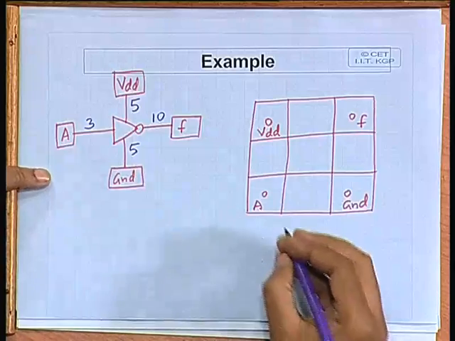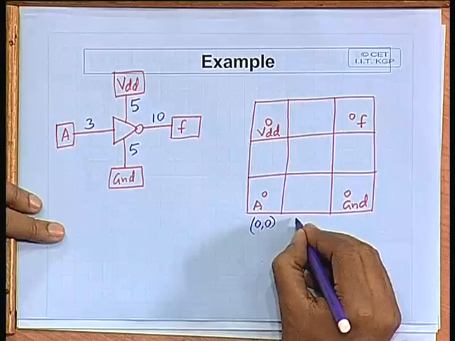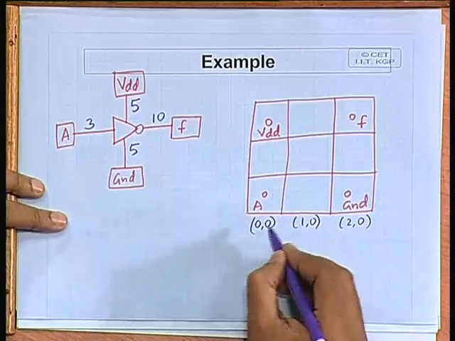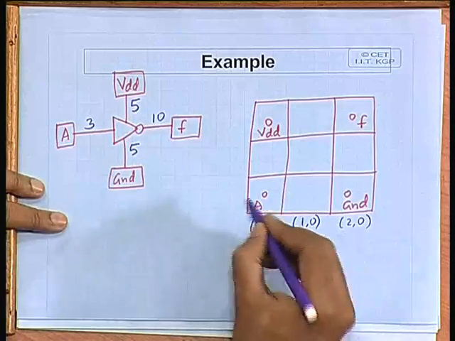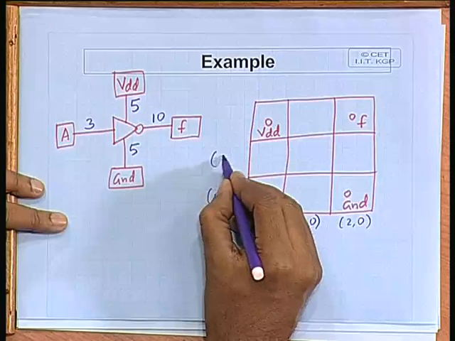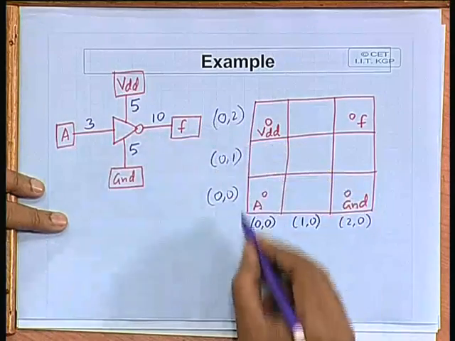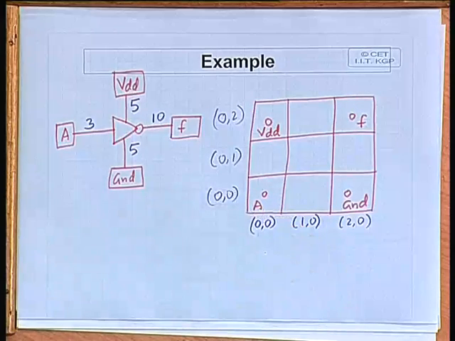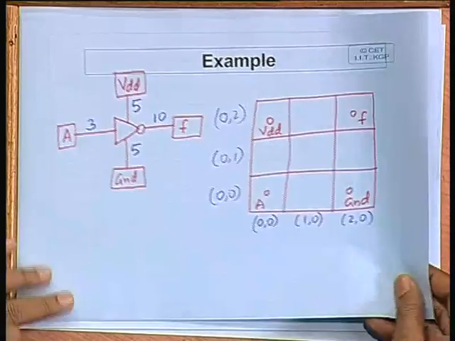These are the numbers I am assigning, and these are the coordinates: 0 0, 1 0, 2 0. This is again 0 0 on this side, 0 1, 0 2. Fine. Now, on this problem we can compute xi0 and yi0 using the expressions we have just shown before.